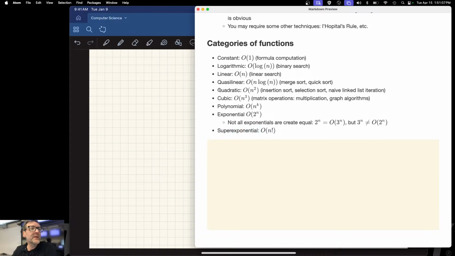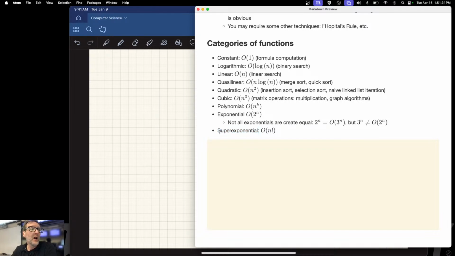But we've already seen that anything quadratic and above is not at all acceptable in real, practical computing. If you get up to the super exponential, you're talking about more atoms in the universe. You couldn't even build a computer that large to hold all of that data, much less process it within the lifetime of the universe.